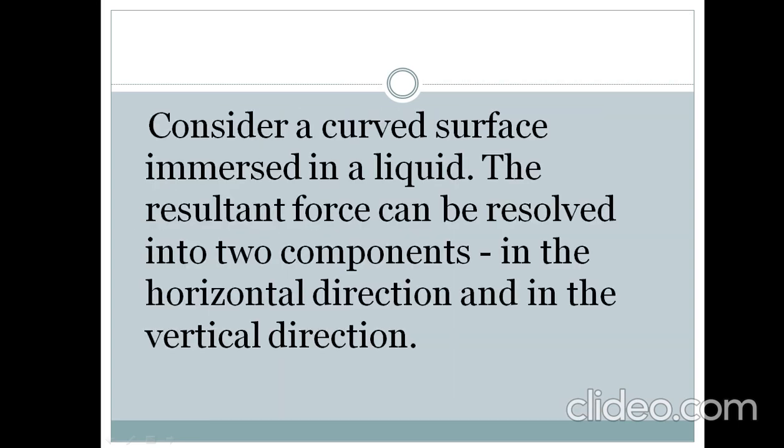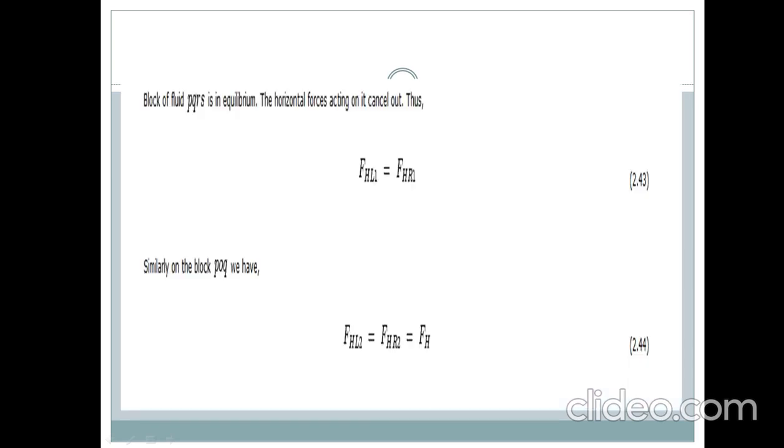Consider a curved surface immersed in a liquid. The resultant force can be resolved into two components, in the vertical and horizontal directions. Here the horizontal component of hydrostatic force acting on the curved surface is equal to the hydrostatic force acting on the projected area. It will act at the center of pressure for hydrostatic force acting on the vertical projection.